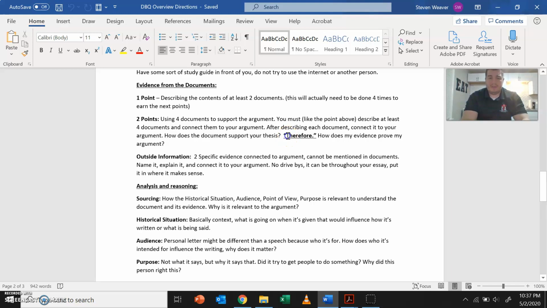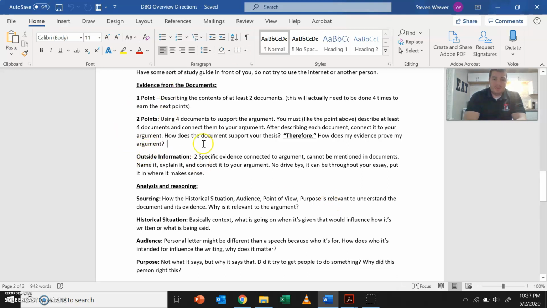So describe the document and then, therefore, because whatever, explain again in a sentence or 2 how the information from that document supports the different evidence or the different points that you make in your thesis. That is one of the most important parts of this DBQ, relating everything back to the thesis.